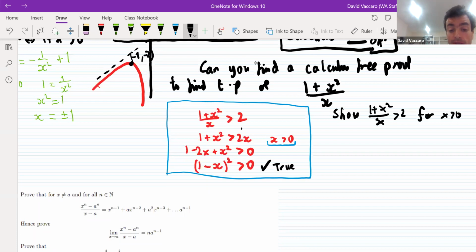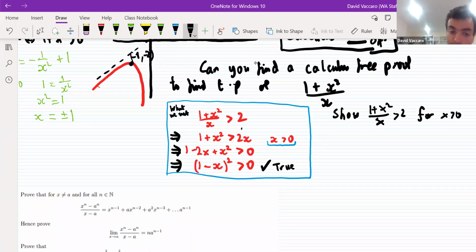So at the moment, we start with what we want. And then we do good maths. And then we reach something that is true.